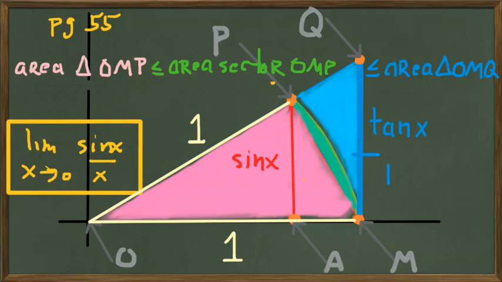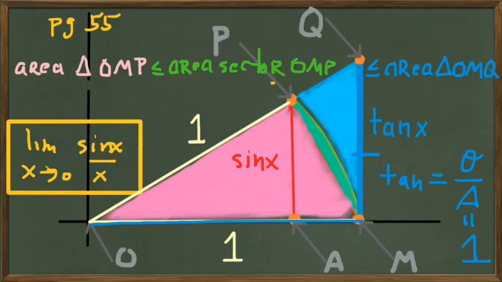The tangent of x is defined as the ratio of the opposite side over the adjacent side, but the adjacent side of that triangle is this side, and so the adjacent is 1.